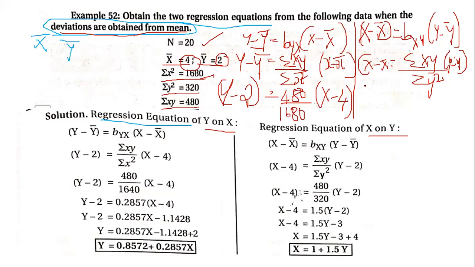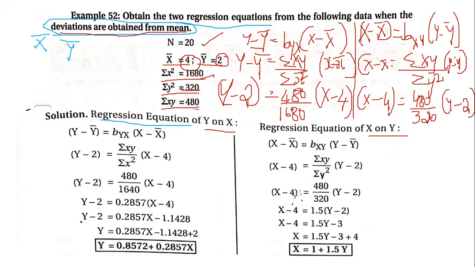Now on the other side, x minus 4 is equal to sigma xy, 480, divided by sigma y square, which is 320, into y minus 2, which is y bar.